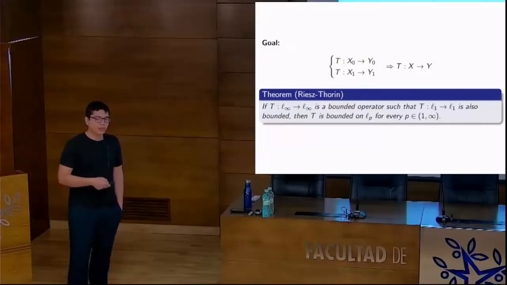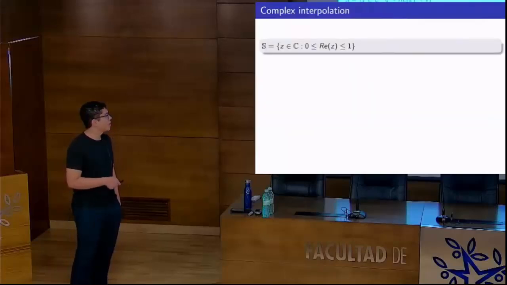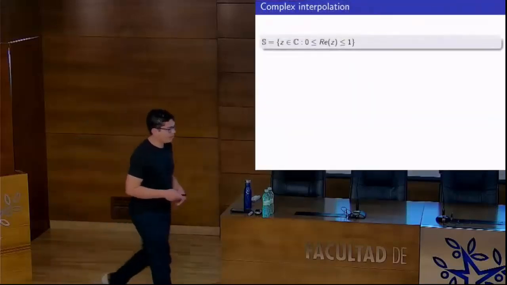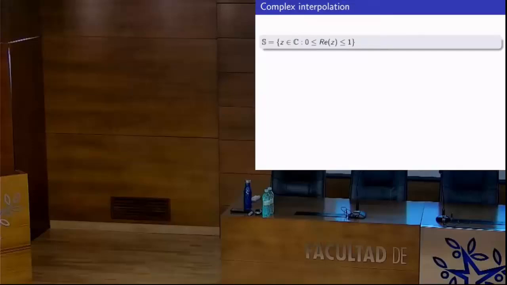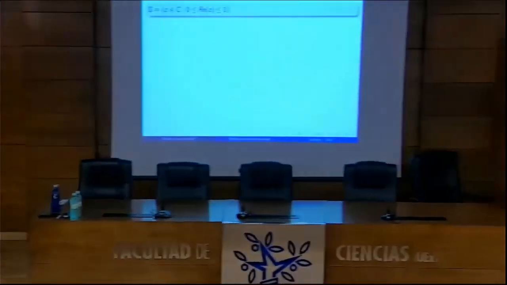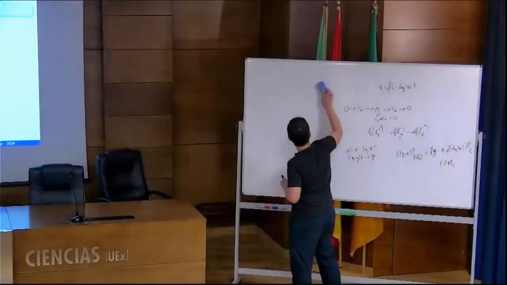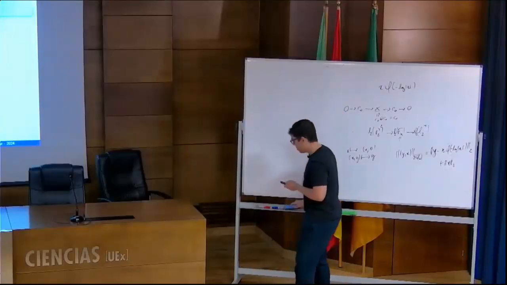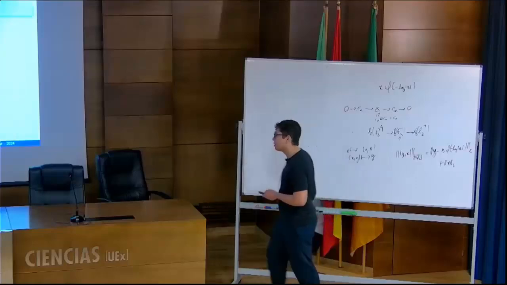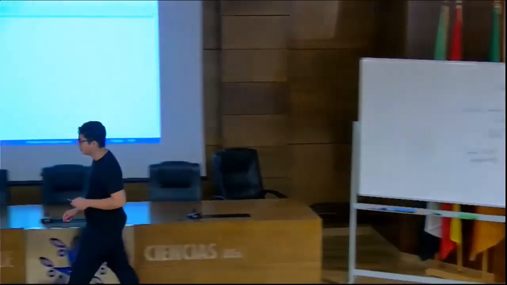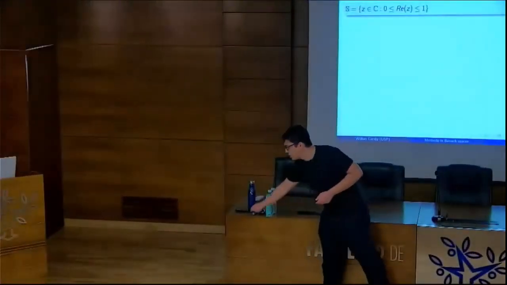And its proof inspires the definition of an interpolation method. That is a method to define these spaces, X and Y. It inspires the definition of the complex method of interpolation. So the idea is simple. Here.